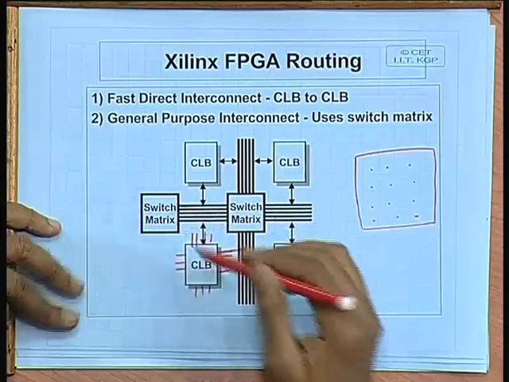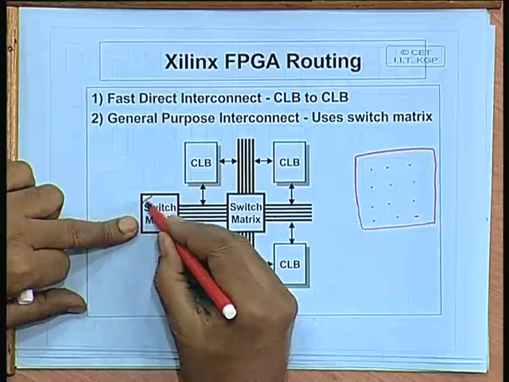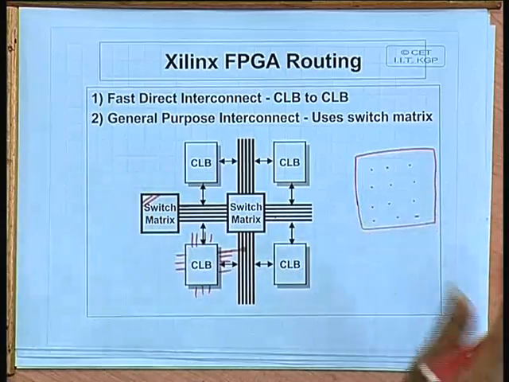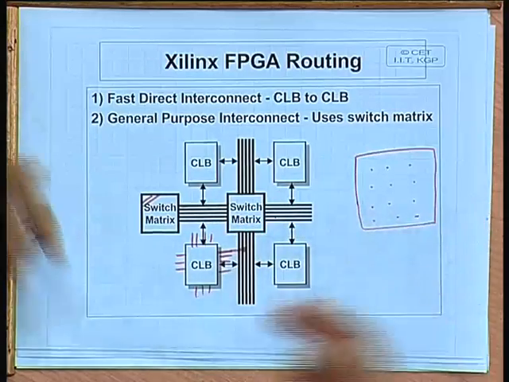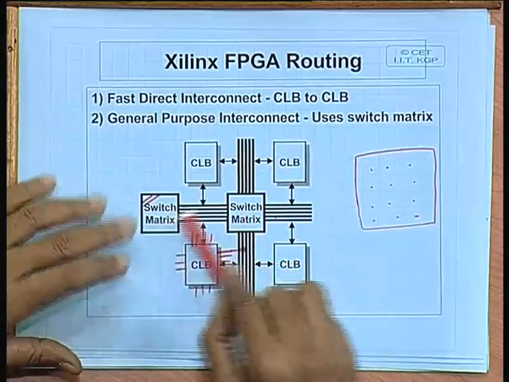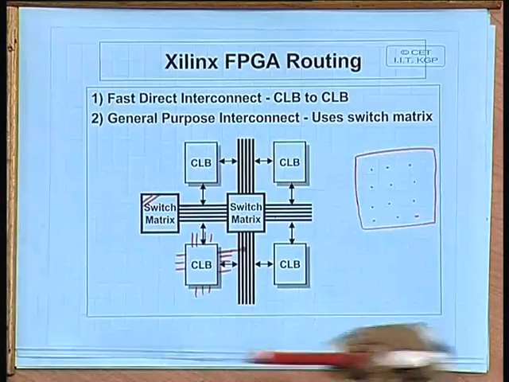So, this switch matrix is also based on a static RAM kind of technology, where inside there is a memory. So, you basically fill up that memory with some bit pattern. Depending on that bit pattern, the configuration of the interconnections will be fixed up. So, as you can understand, they are fairly complex things, but they are done in that way.